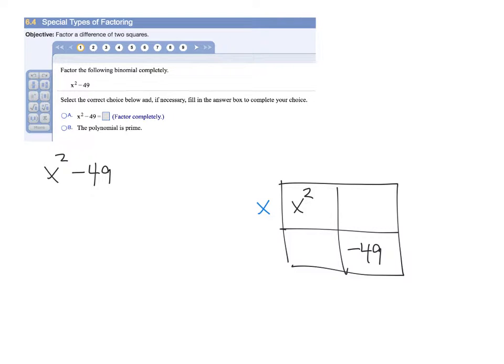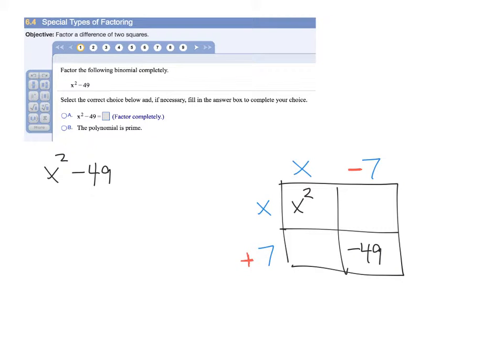So we know we're going to begin with x and x. Now down here in 49, well, the only way to get 49 is 7 and 7. All right. So sure enough, x times x gives you x squared. 7 times 7 is going to give you 49, but we need a negative 49, which means one of these 7's has to be a negative, the other has to be a positive.